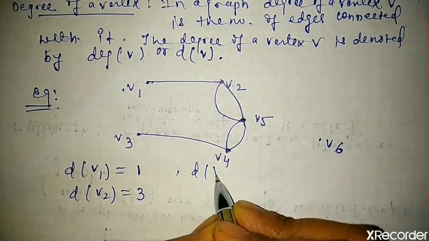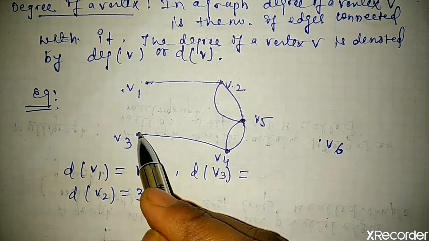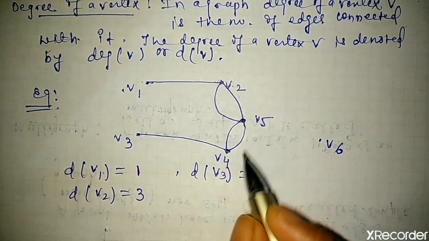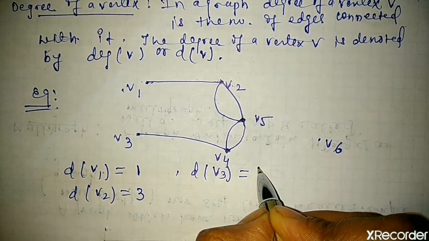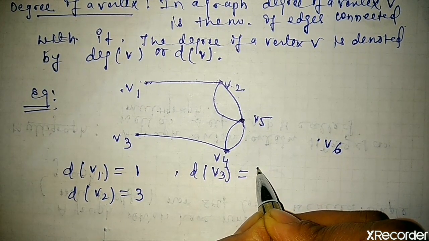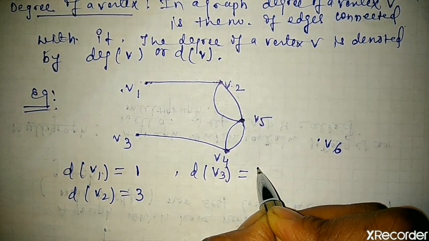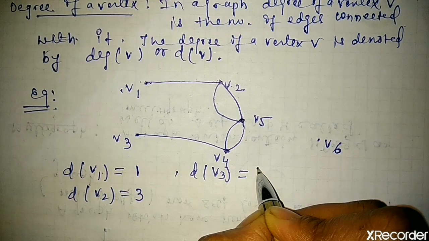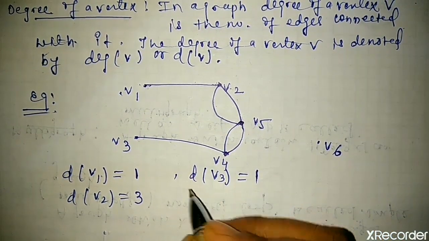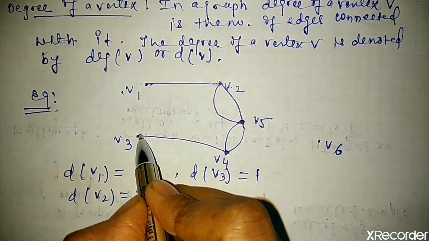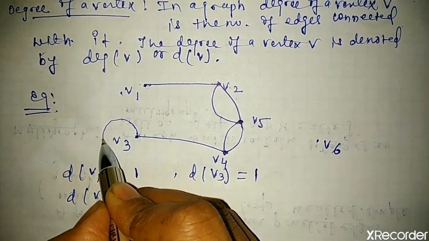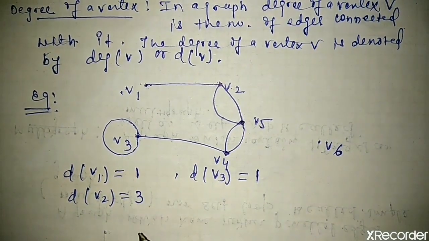Next we have the degree of V3. V3 to V4 is only 1, so the degree of V3 is 1. If we draw a self loop on this V3, how many degrees do we have?